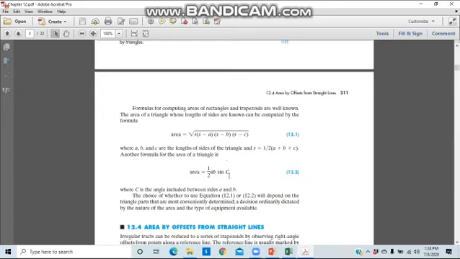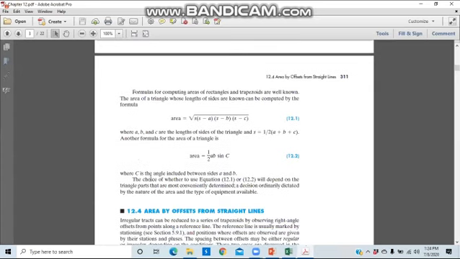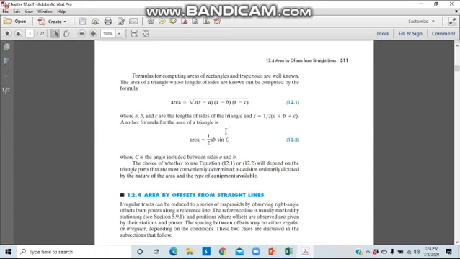Another formula for the area of a triangle is area equals 1 by 2 AB sine C, where A and B are sides of that triangle and C is the angle included between sides A and B. So in this equation, you take two sides of the triangle and the angle between them is angle C. Whatever you have available, if you have all three sides, you will use the first equation to calculate the area of the triangle.